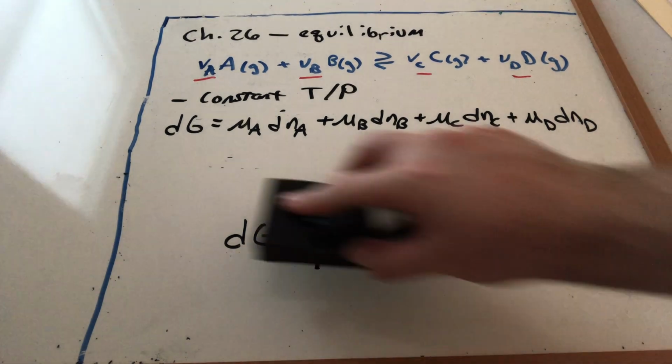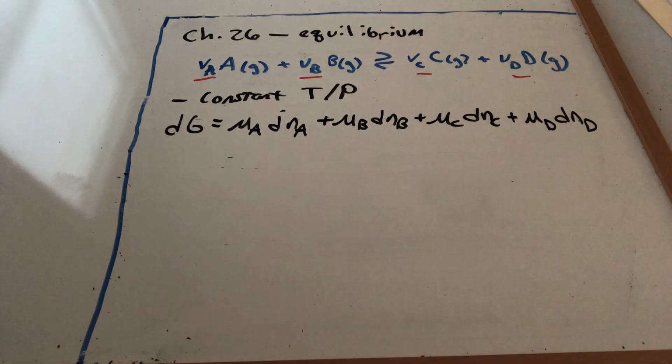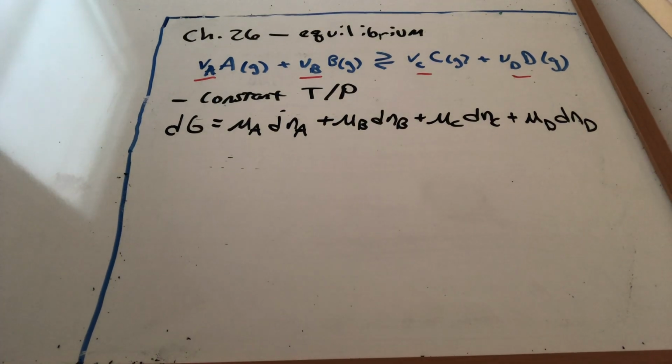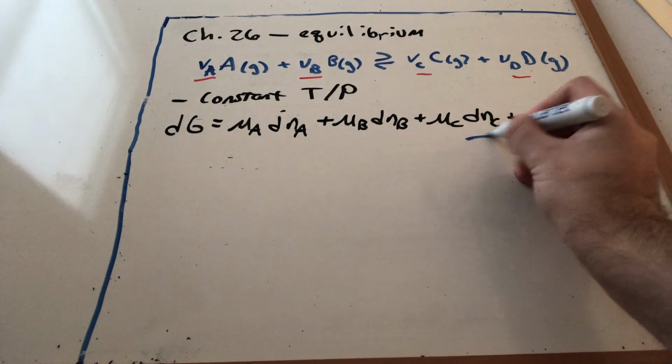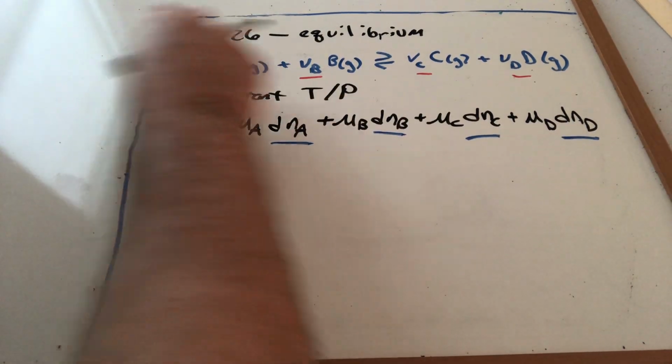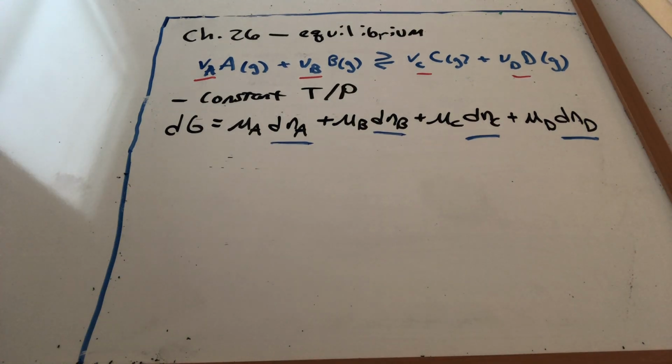Now is where extent of reaction comes into play. Because if we look at this, what we have is a bunch of different changes. But we know that these changes in the number of moles relate to each other, because stoichiometry is what dictates how fast things appear or disappear.